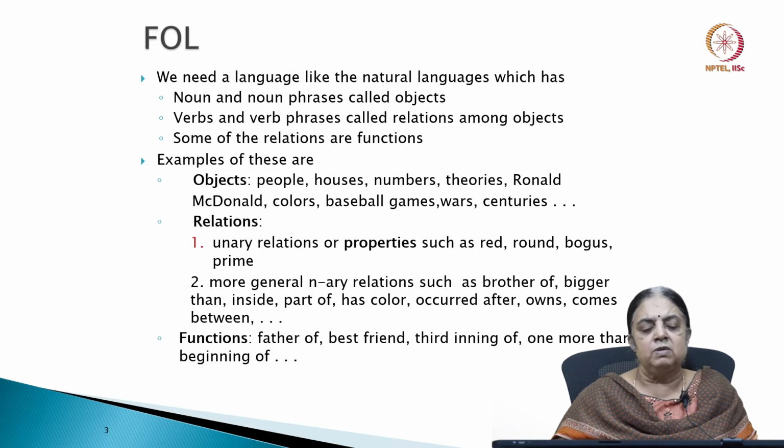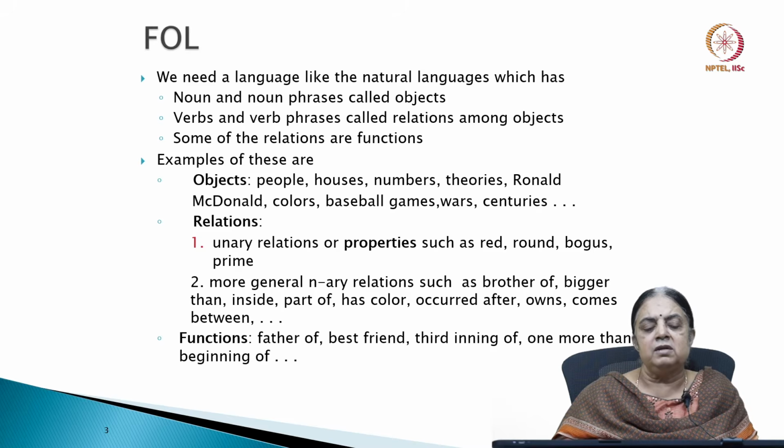So what is it that we can represent? Like we said, objects, relations, functions, properties. So objects are like people, houses, numbers, names of people if you take persons, colors, games, wars, centuries, lot of things are objects. And then the relationship between objects.